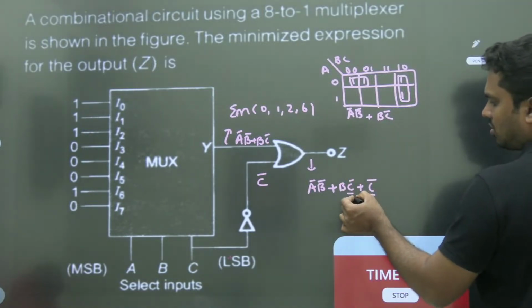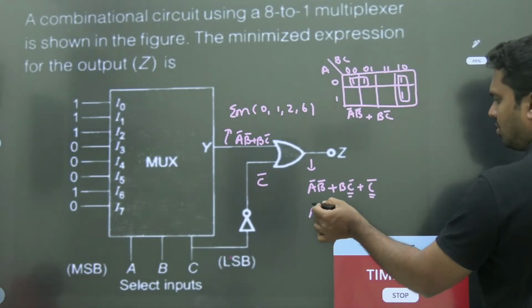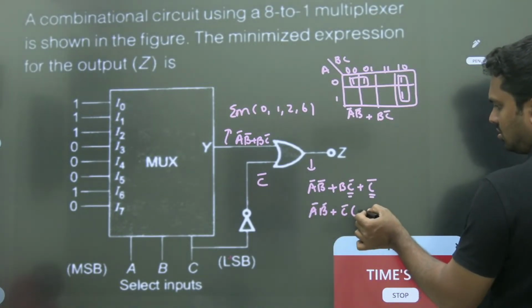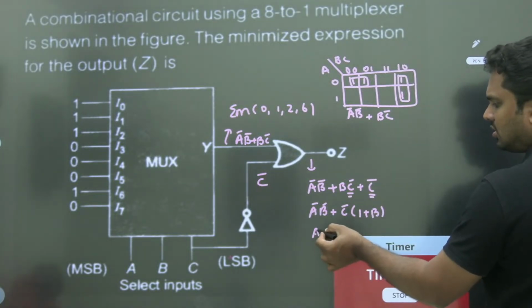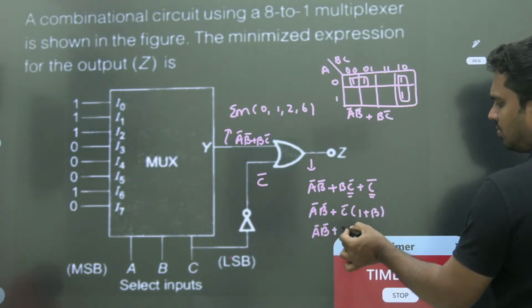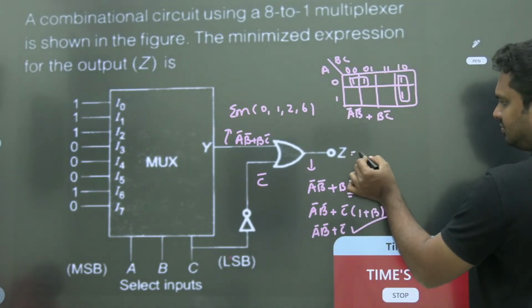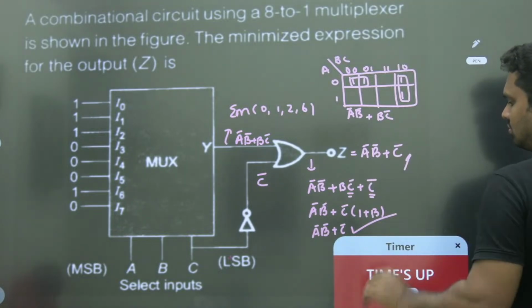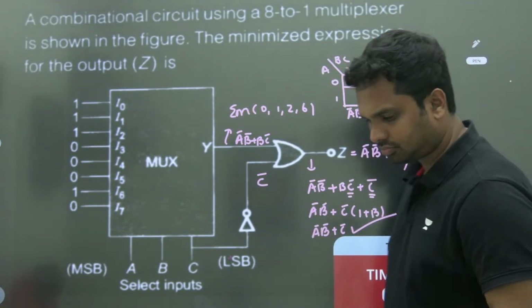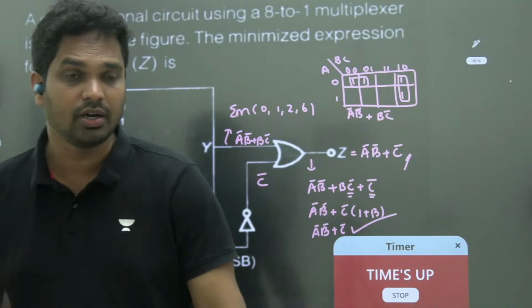You take C bar common here: A bar B bar plus C bar into 1 plus B. 1 plus anything is 1. So what is the answer? A bar B bar plus C bar is the answer. Okay. That's the minimized expression for it.